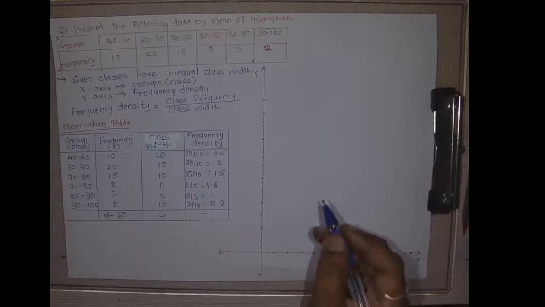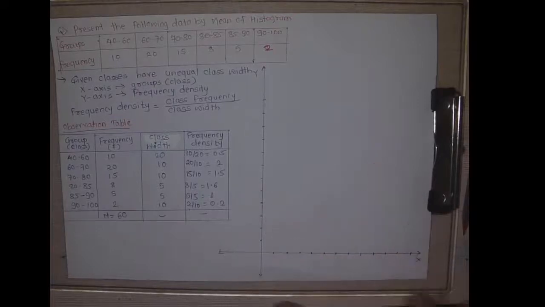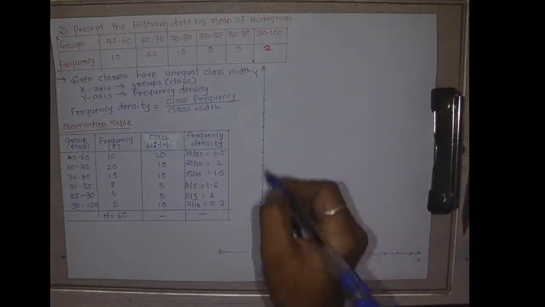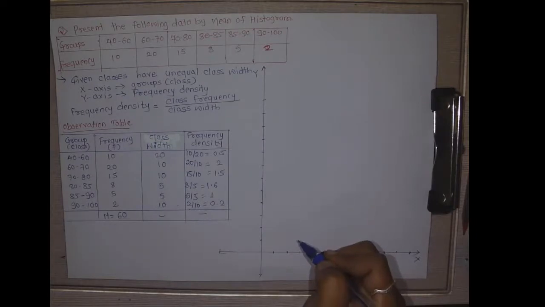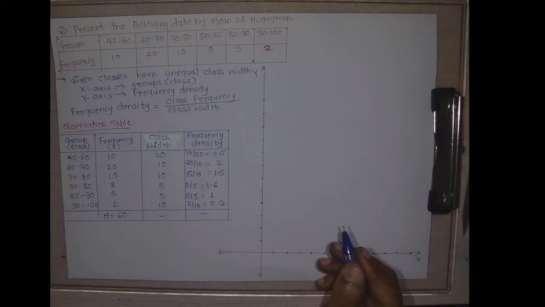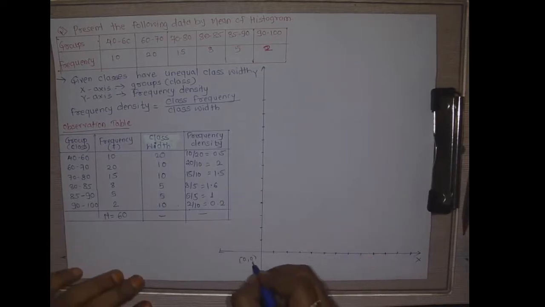Okay, I have already taken the x-axis and y-axis and marked the points at 1 centimeter on the x-axis and also on the y-axis. For the histogram, we take the initial 0, 0.